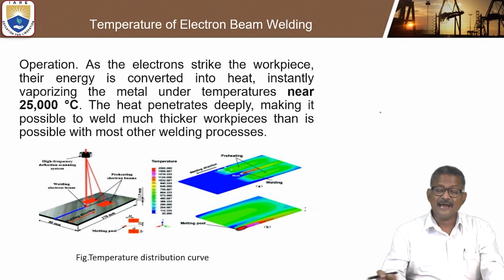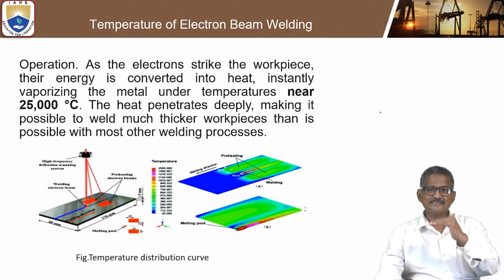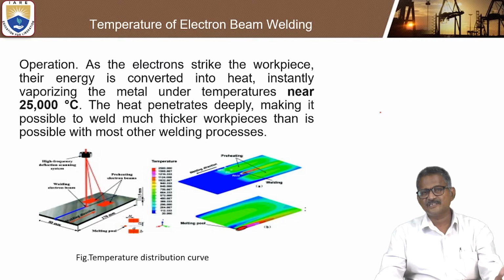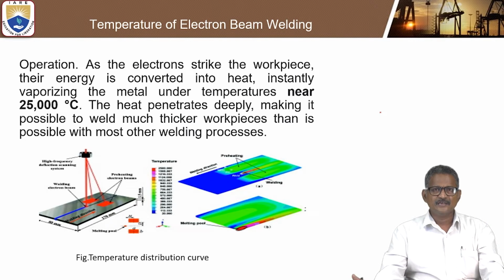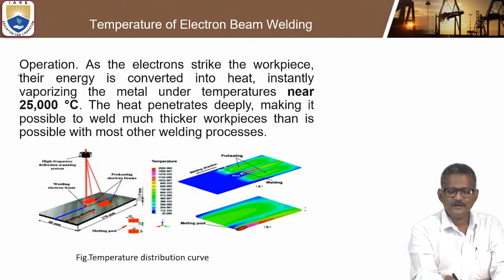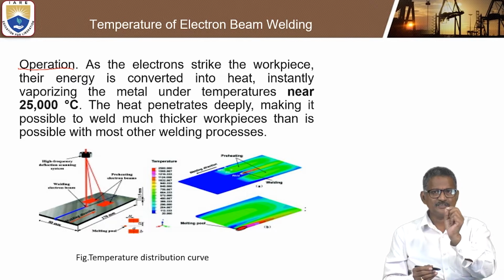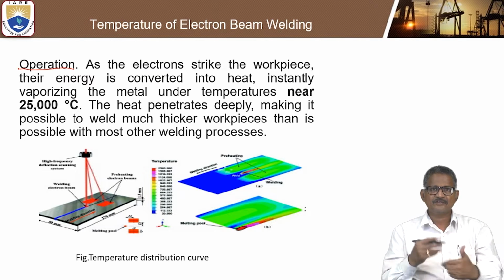ANSYS software can also be used to generate how the temperatures vary, from a minimum of 1000 to 25,000 degrees centigrade, so that we get a clear understanding of the temperature of electron beam welding. In general, consider the temperature of electron beam welding as the electrons strike the workpiece. Do you know what will happen as the electrons strike the workpiece?